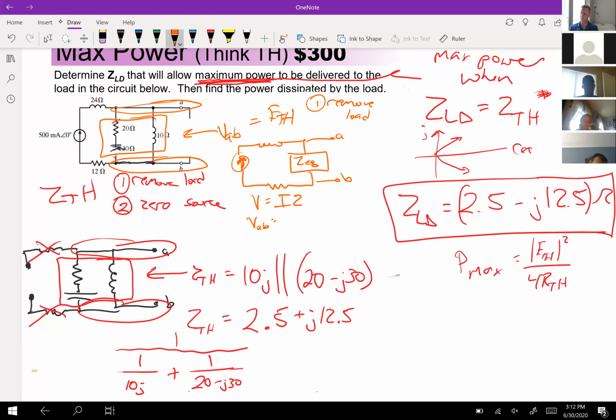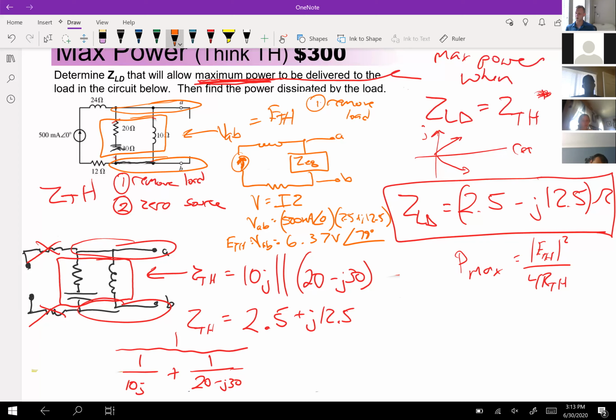The voltage from A to B is the current going through from A to B, which is 500 milliamps angle 0, times the Z equivalent, 2.5 plus J12.5. And the voltage from A to B is 6.37 volts, angle 79 degrees. That is my E Thevenin.